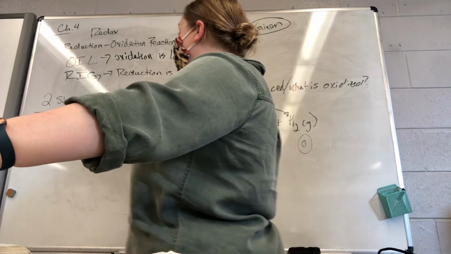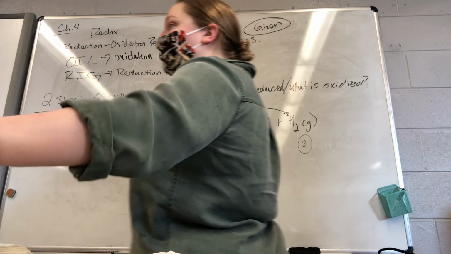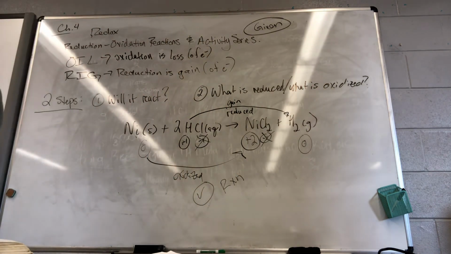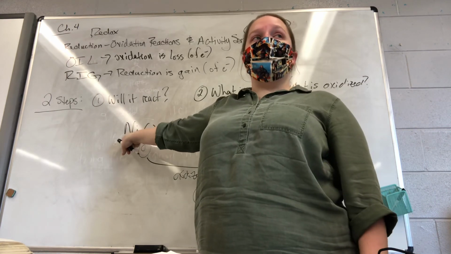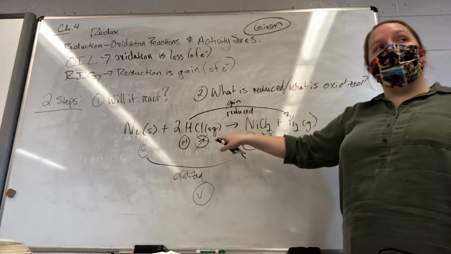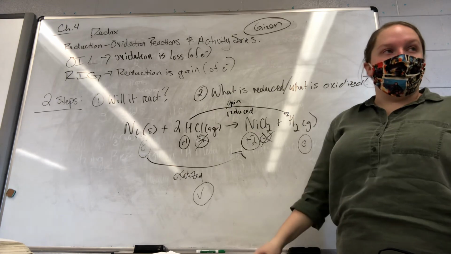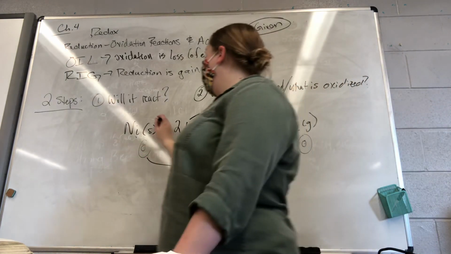Yes, so this thing needs to be above the thing that's actually oxidizing it. The elemental metal has to be above the thing that's being reduced, or the thing that's oxidizing it, if you will. Ni is over. This must be higher.